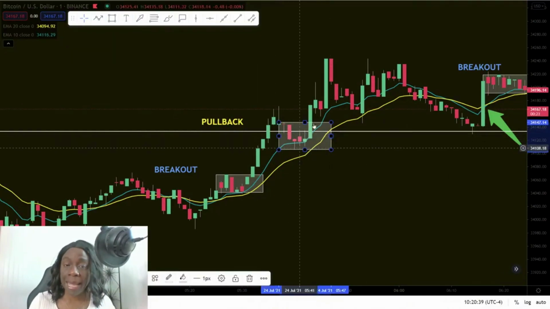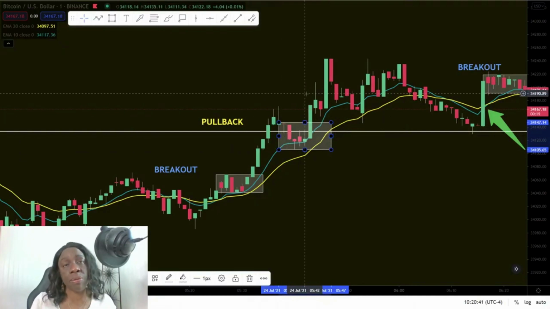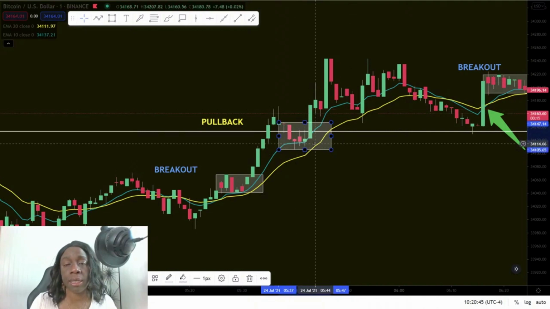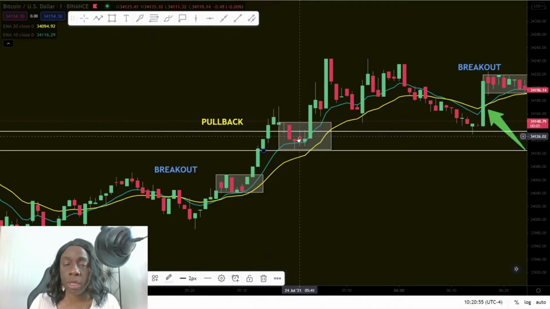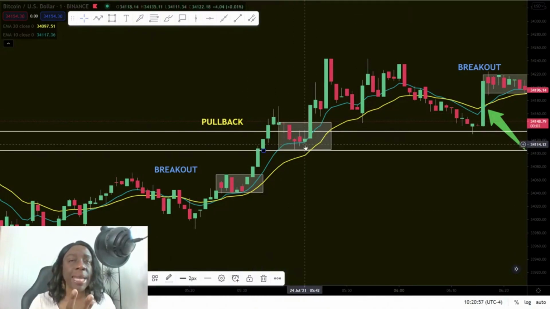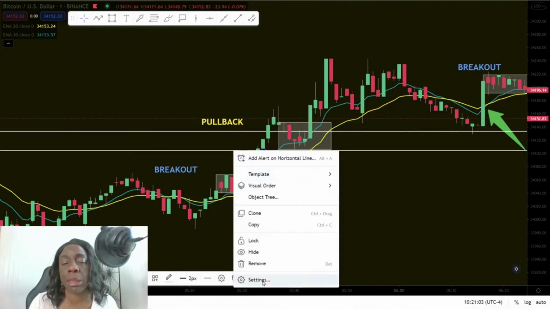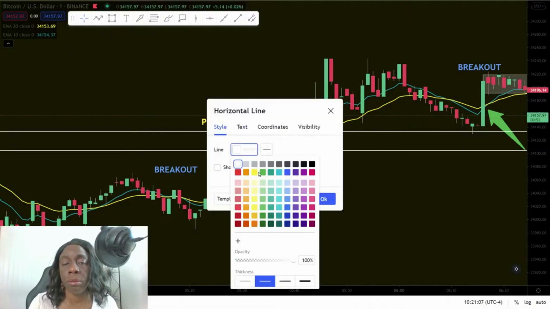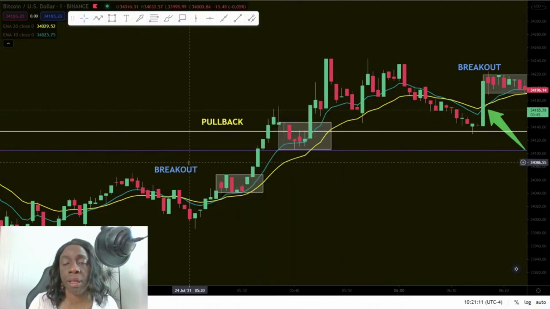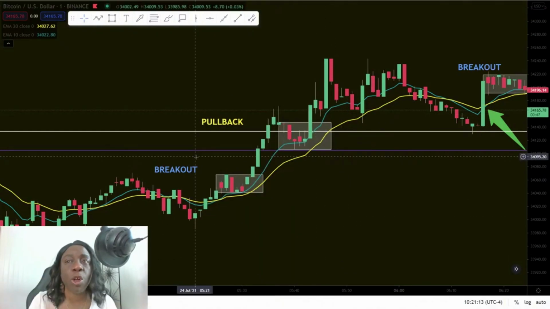So you have the pullback and then you have the breakout. It's going to pull back as it did down to this line here. And we have 1, 2, 3 candlesticks refusing to break below. So that's a nice line of support. This is how you find your lines of support. You find your lines of support when price action hits a level and it doesn't fall below.